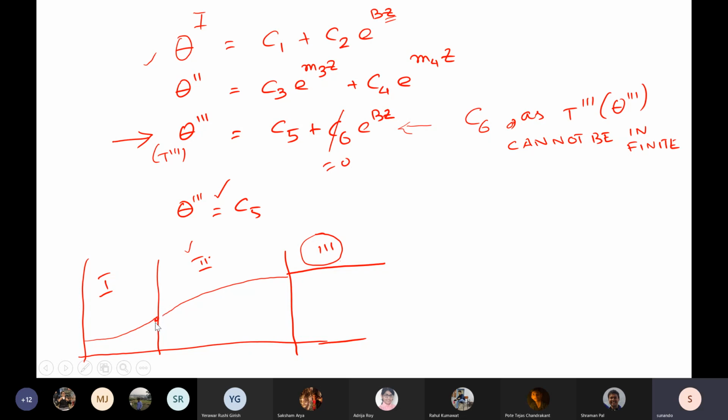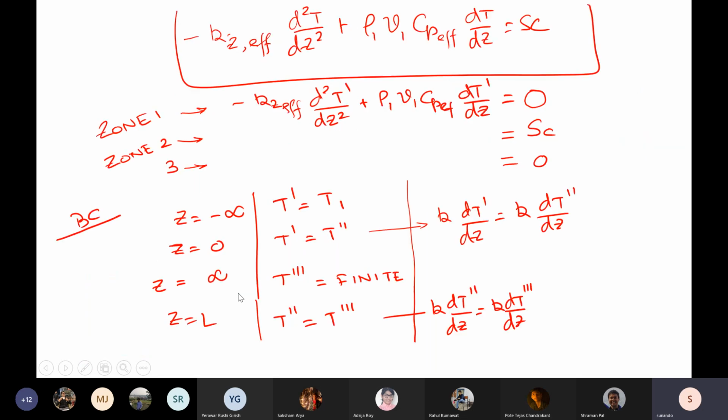Interestingly, over here, you could sense that because of the nature of the profile, the temperature increases as we approach the junction between 1 and 2. However, the slope at this point and the slope on the two sides of the interface should be the same, because dT1 by dz should be equal to dT2 by dz.